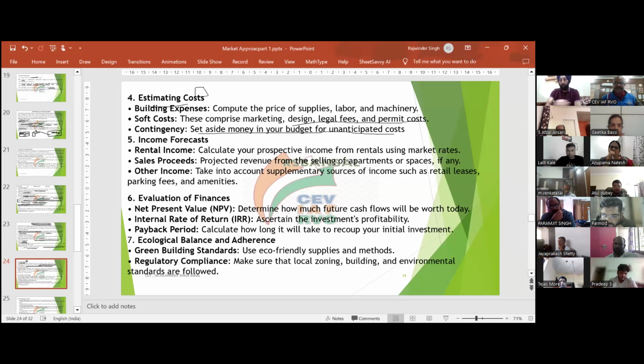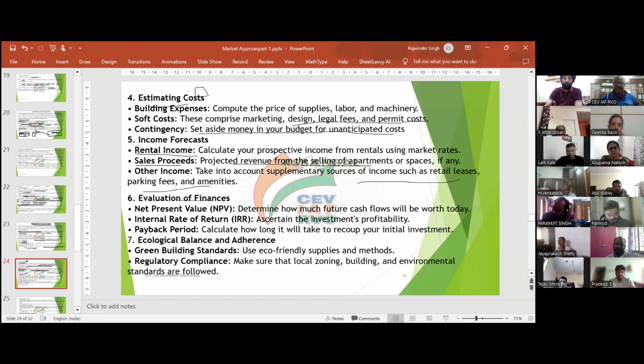And if the property can be used as an income fetching property, then you have to calculate rental income, that is what will be the probable rental income from the property. And if it can be sold outright, then what will be the projected revenue from the selling of apartments or spaces. And then other income from other sources such as retail leases, parking fees, or amenities.